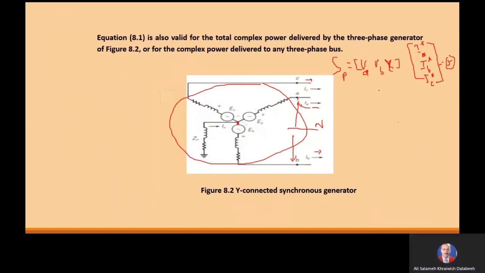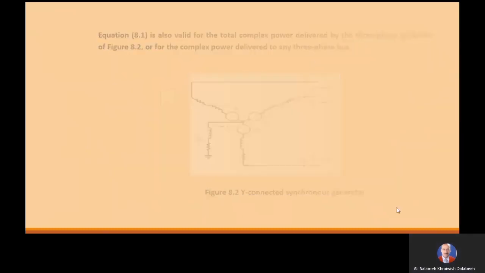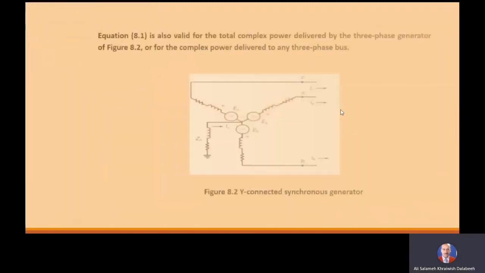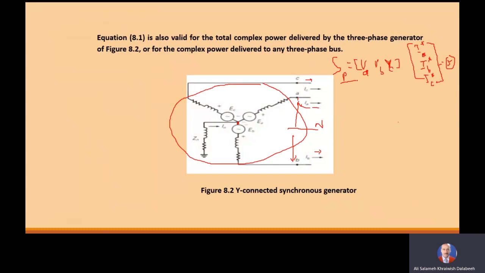This equation is the same as equation number 1. The only difference is that this equation is written in a matrix form.